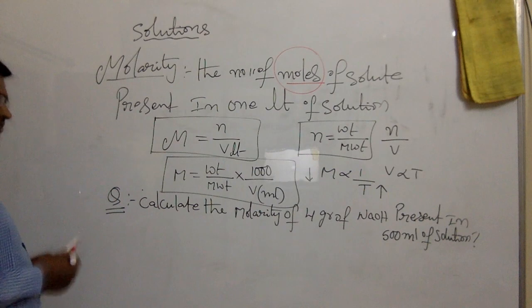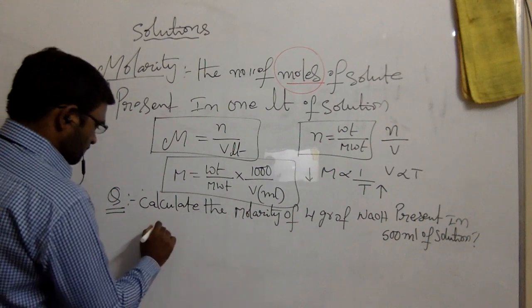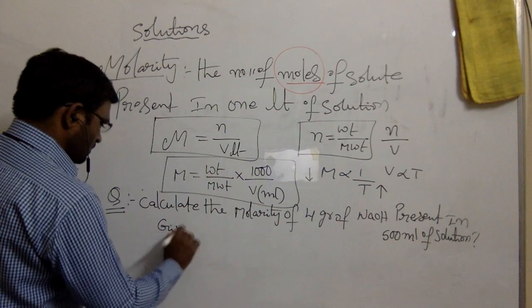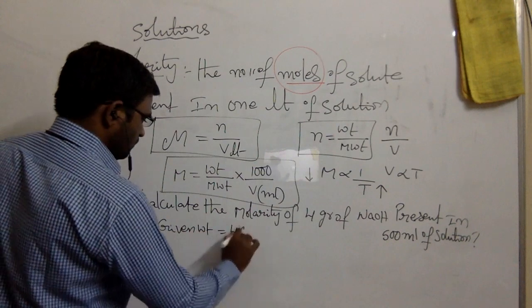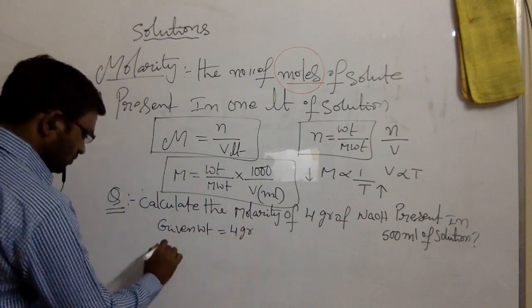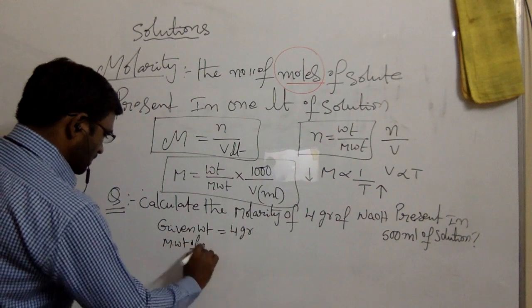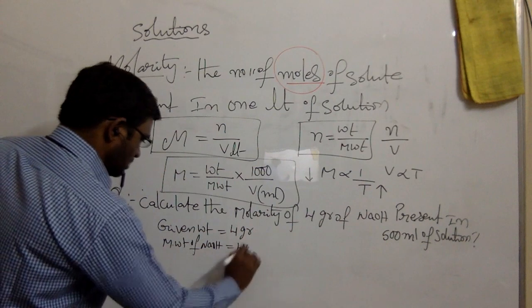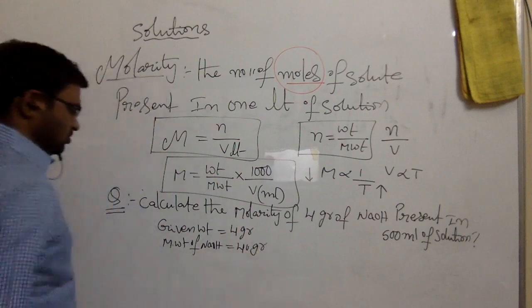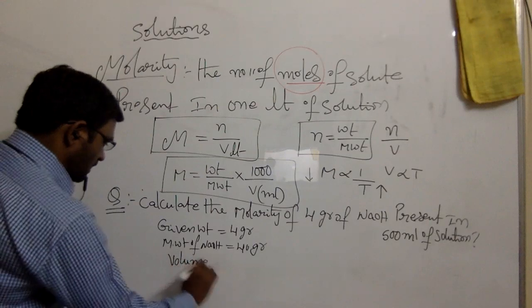First, you should write the given data. First one, the given weight is equal to 4 grams. Molecular weight of sodium hydroxide: remember it, its molecular weight is constant, 40 grams. Next, the third given data is volume.